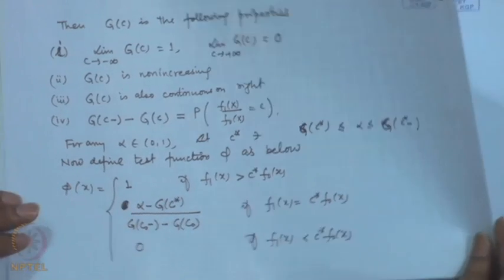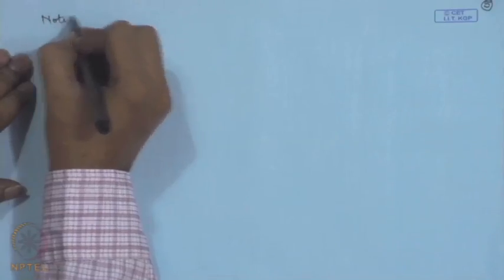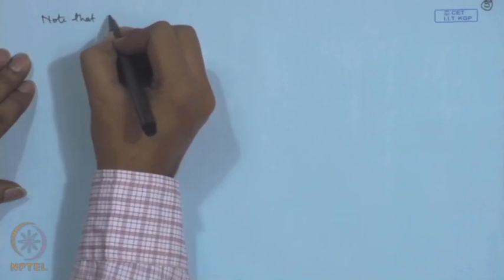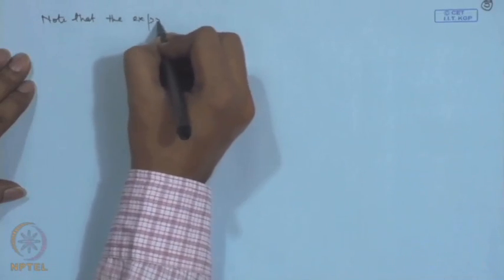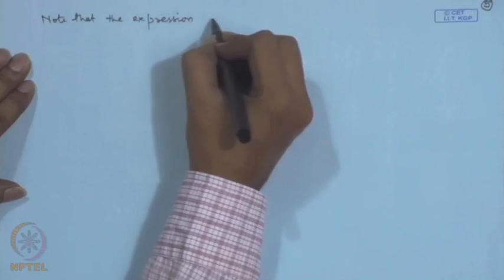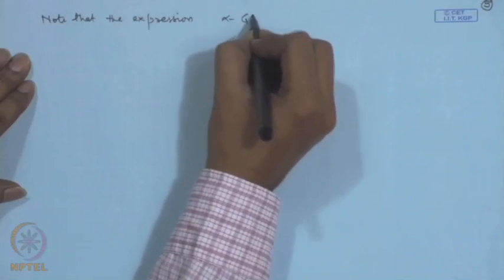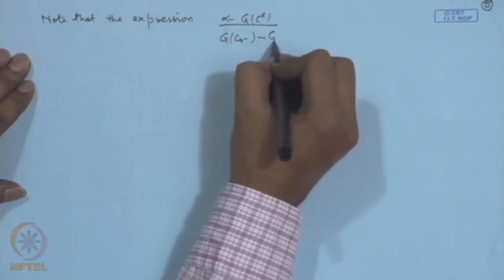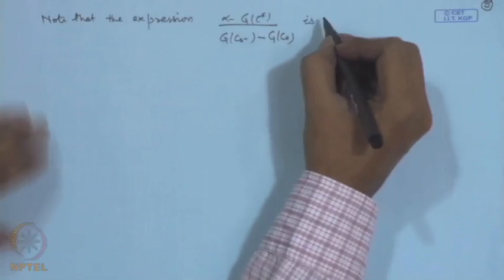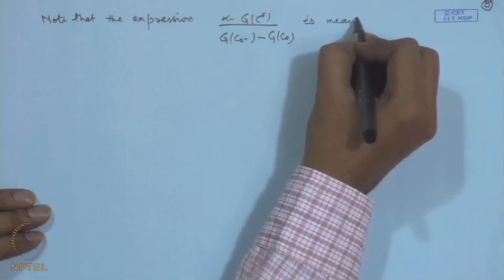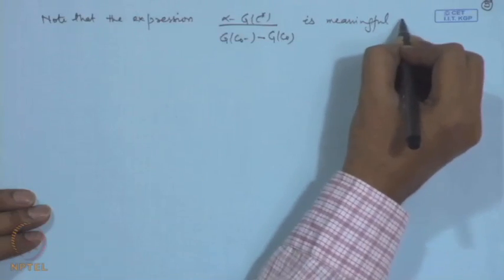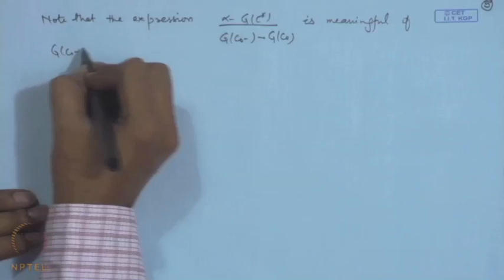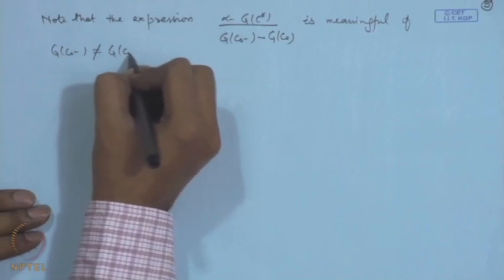So, let me write this comment here. Note that the expression alpha minus g c star divided by g c naught minus g c naught is meaningful if g c naught minus is not equal to g c naught.